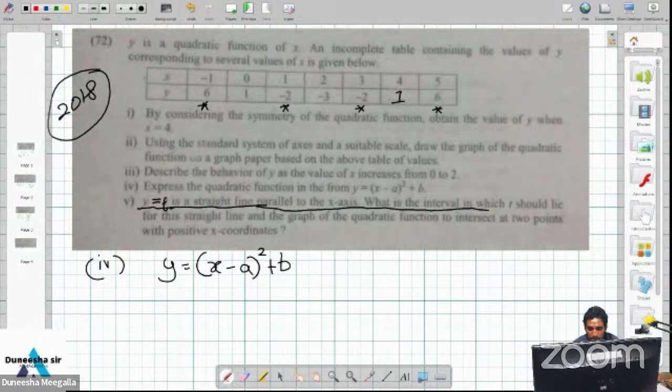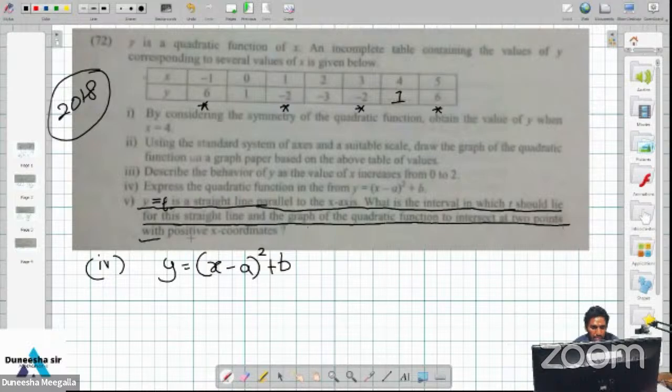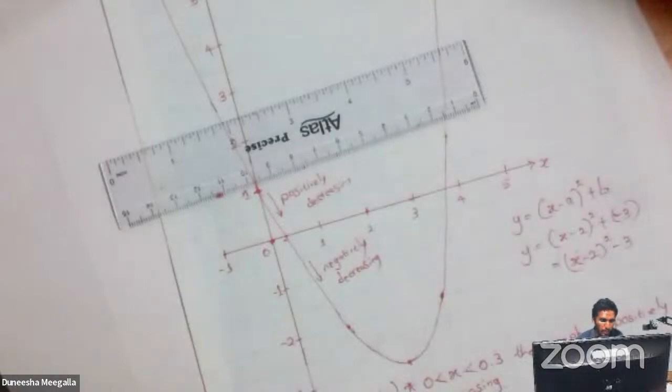What is the interval in which t should lie for this straight line and the graph of the quadratic function to intersect at 2 points with positive x coordinate? Let's see what happens with a positive x coordinate.